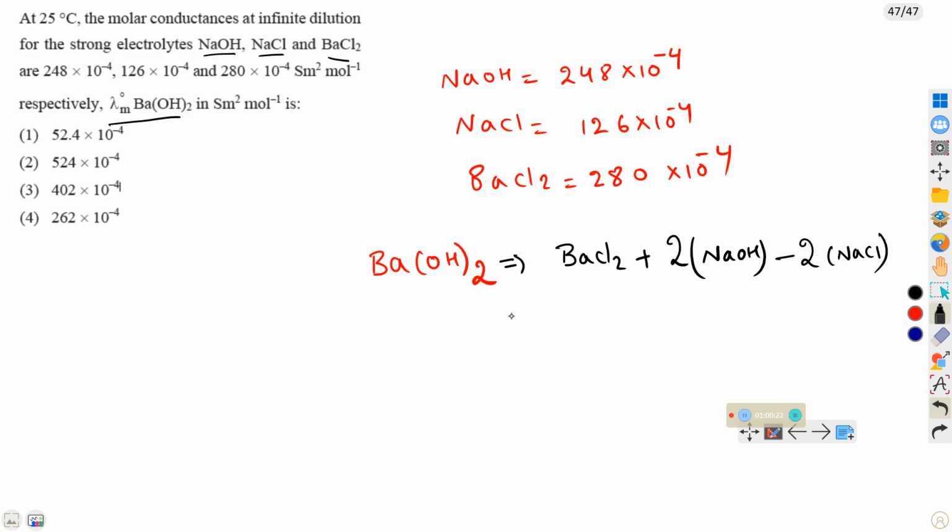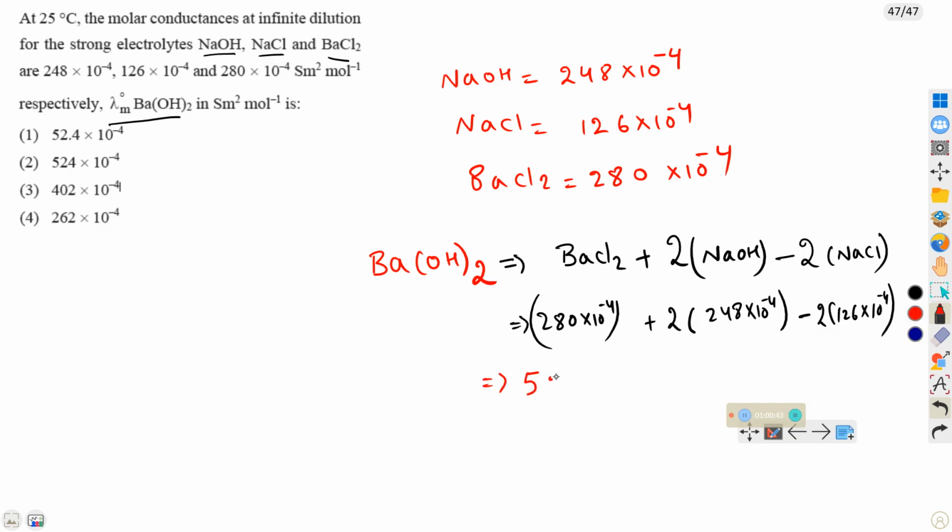Now, BaCl2 is 280 into 10 power minus 4 plus 2 into 248 into 10 power minus 4 minus 2 into 126 into 10 power minus 4. Simplify, then you will get 524 into 10 power minus 4. Second option is correct.